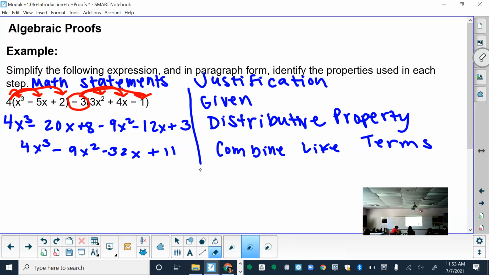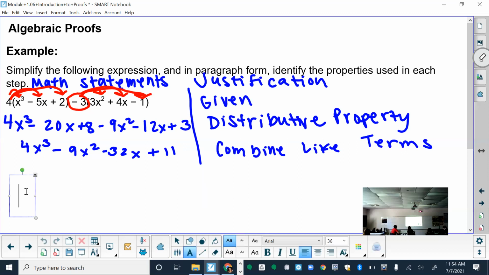All right. If I were to make a paragraph proof of this, and let me kind of type this out because that would take a long time to write, I would just be simply explaining what I did and using complete sentences when I did that.